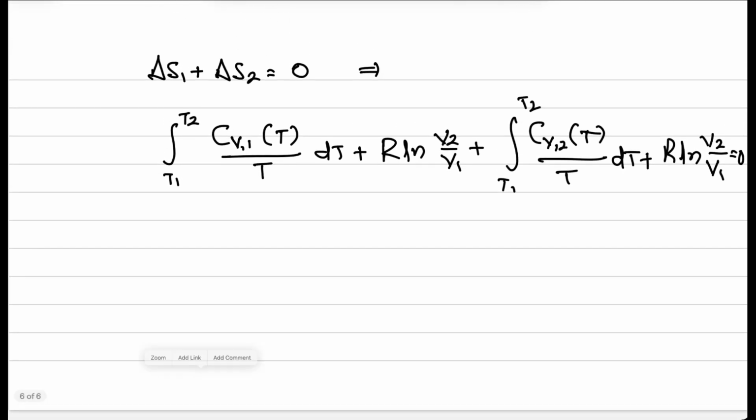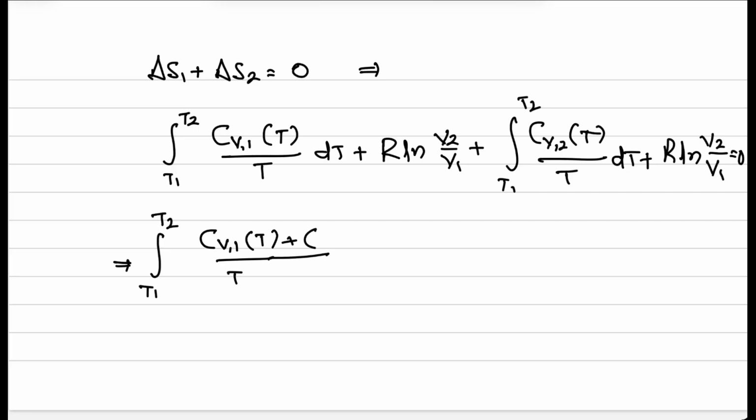This equation implies integral T1 to T2, here it is CV1, here it is CV2, CV1 T divided by T plus CV2 T, I have added these two.